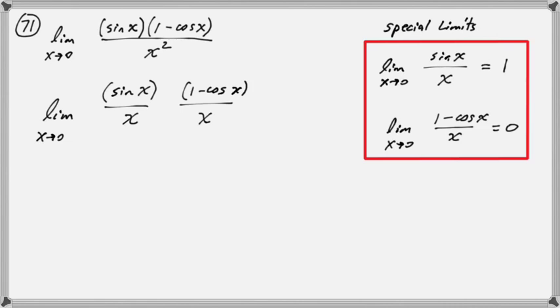I hope they do. So sine x over x is 1 times 1 minus cosine of x over x as x approaches 0, which is 0. So 1 times 0 gives me my answer.